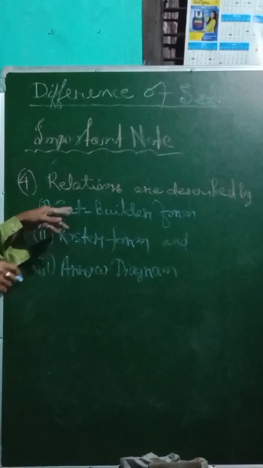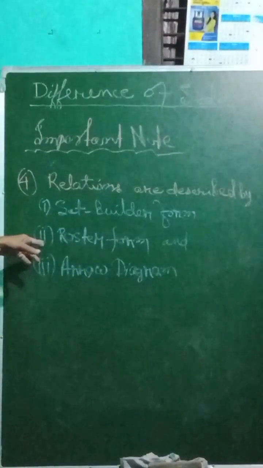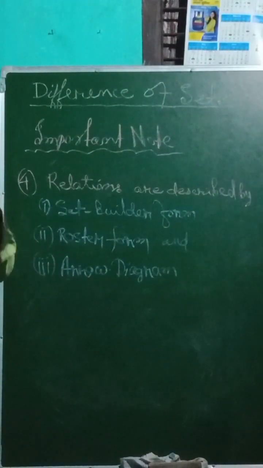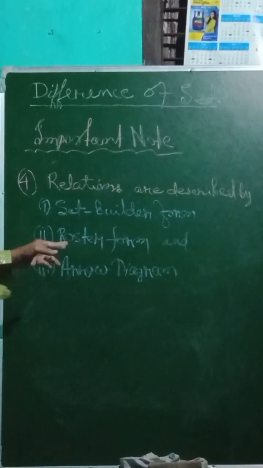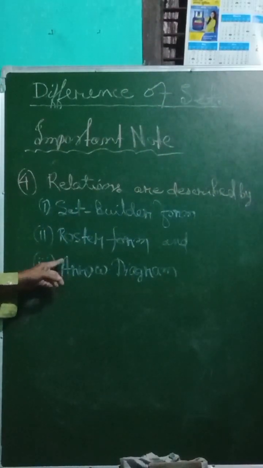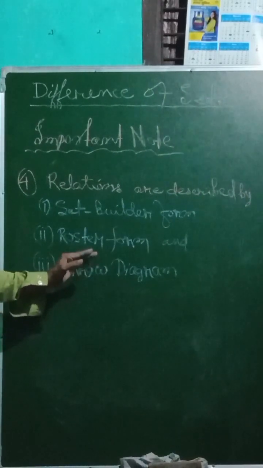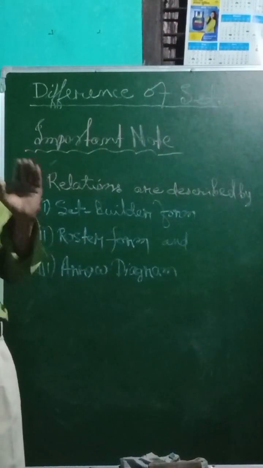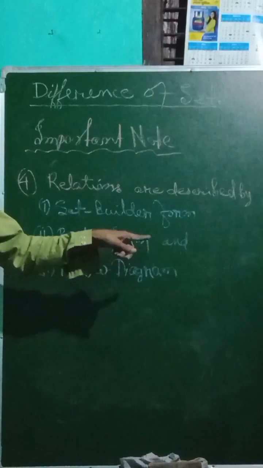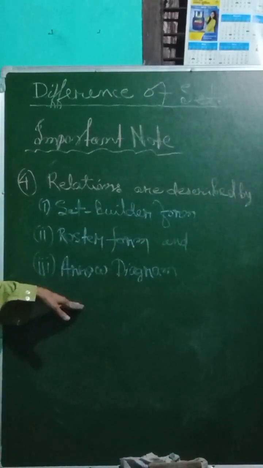The set builder form is used most by the questioner, and roster form is also used by the questioner sometimes, and arrow diagram very rarely, but students can use it frequently, and especially in class 12 relation and function, this is mostly used, and in this class also we shall get some uses.